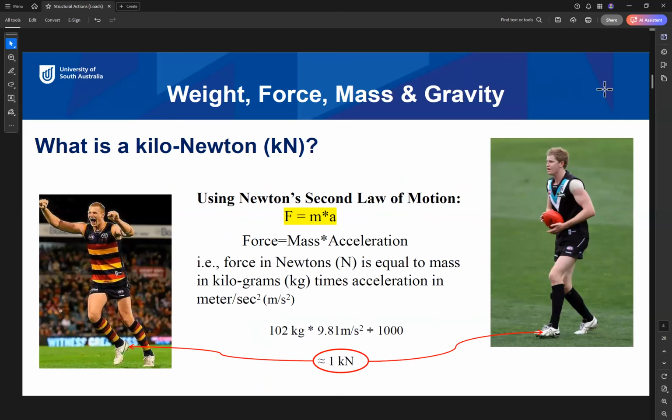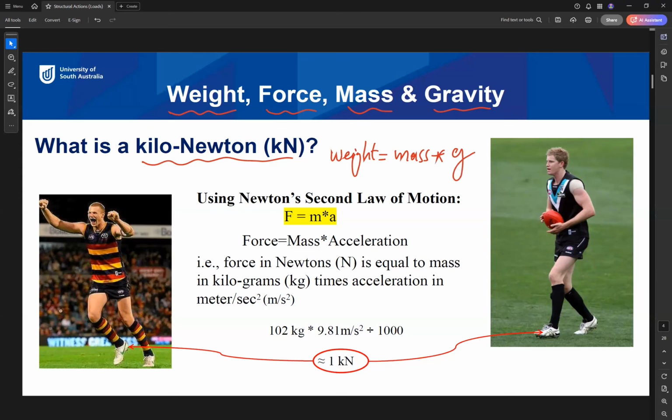Again, from last week's lecture, we have notes about some other terms like weight, forces, masses, and gravity. What does kilonewton mean? It shows us a relation between weight and mass. Generally, the weight is equal to mass times gravity acceleration g.